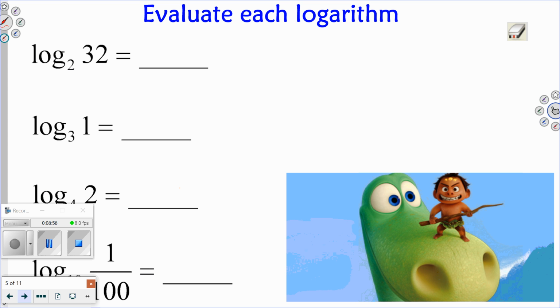So log base 2 of 32 is what? And this is what I'm going to ask you to do today on your own. Like, you need to be able to figure this out. So again, you have to be understanding, what's this asking me? If I would flip this into the other form, it's saying 2 to what power equals 32? 2 to what power is 32?